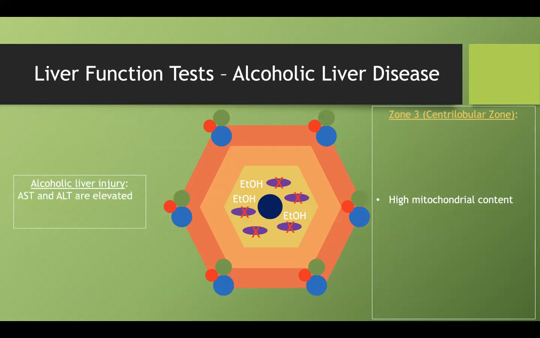So in alcoholic liver injury, both AST and ALT are elevated because there's still damage to liver cells diffusely, but because the alcohol is more mitochondrial in nature, you're going to have a higher proportion of AST that is released. And you're going to see an AST to ALT ratio classically above 2 to 1. And the mnemonic that you'll see in a lot of your resources is this: toast to alcohol. And that's to remind you that the AST is greater than 2 to 1 to ALT.